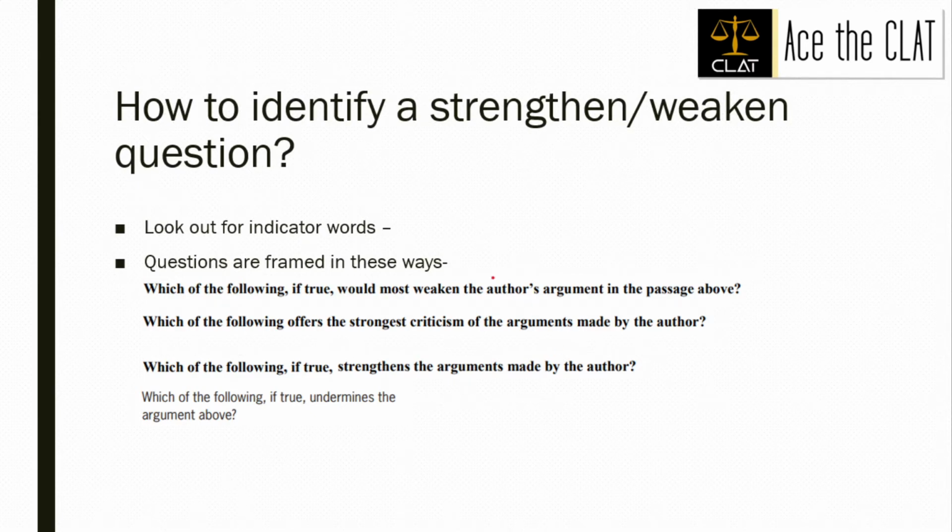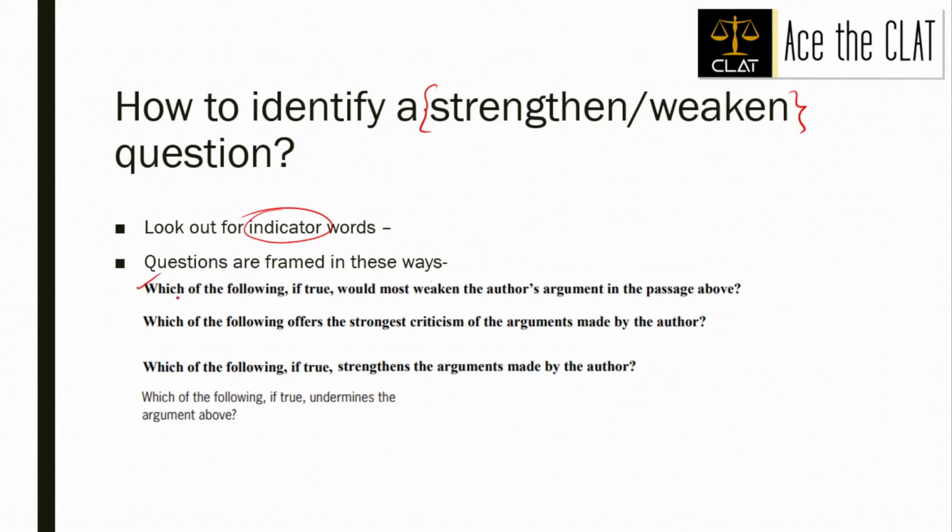So the first step is to identify whether it is a strengthen or weakening type of question. Okay, and indicator words, हर क्वेश्चन तरह टाइप के इंडिकेटर वर्ड्स होते हैं. सिमिलरली स्ट्रेंथन या वीकन टाइप के क्वेश्चंस के इंडिकेटर वर्ड्स आर, और basically questions are framed in these ways.